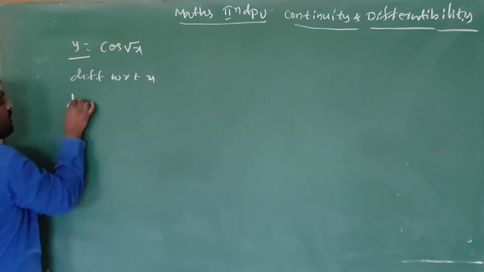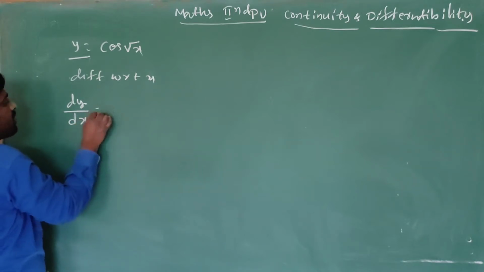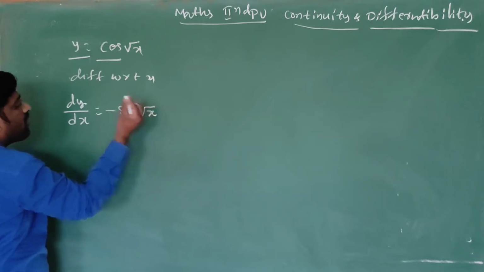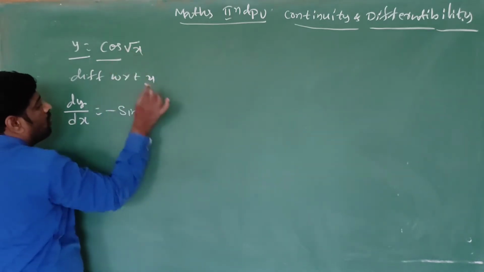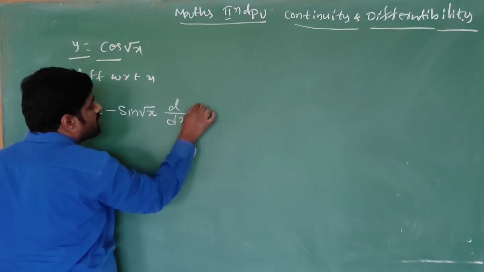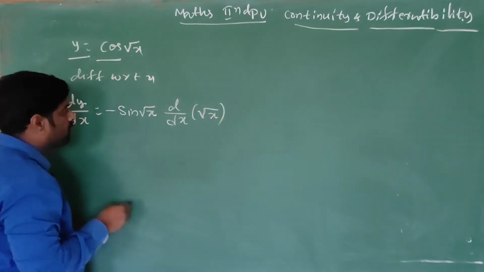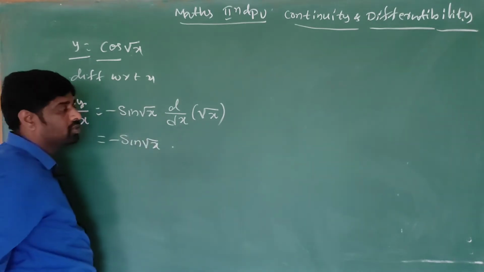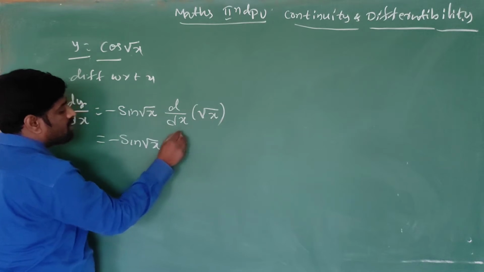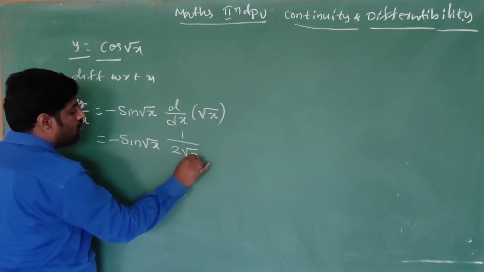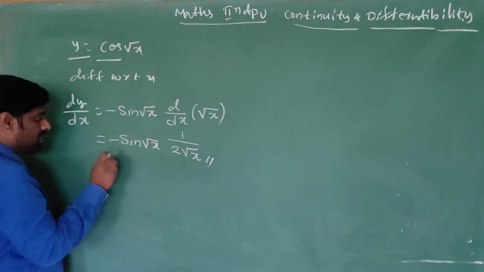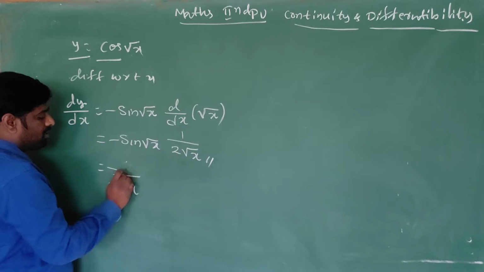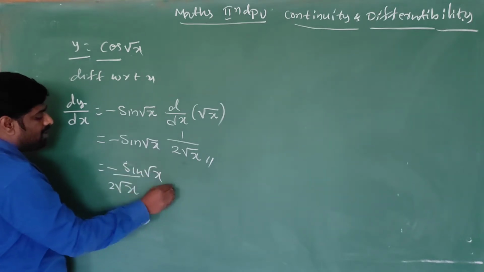Y differentiation is dy by dx. Cos differentiation is minus sin root x into d by dx of root x. Differentiation of root x is 1 divided by 2 root x, that is minus 1 divided by 2 root x into sin root x.